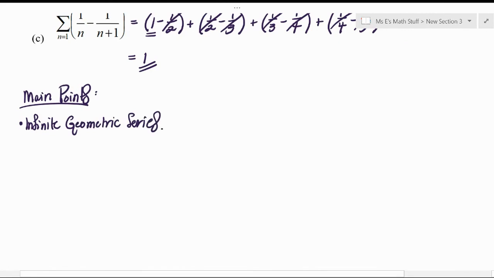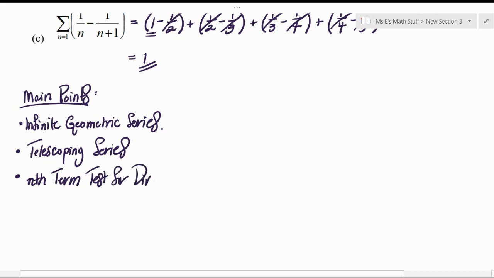Okay, and another is a telescoping series. And another main point is what's called the nth term test for divergence.